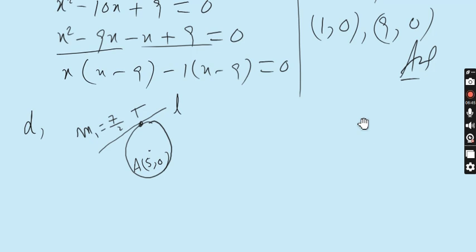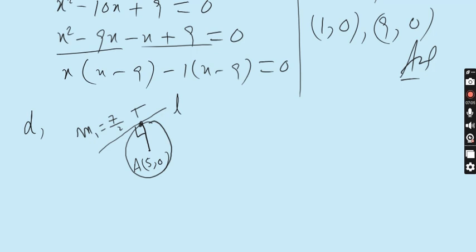Now the question is to find the equation of the line AT. So actually we have to find the equation of the radius, and you know the radius and tangent make 90° to each other.